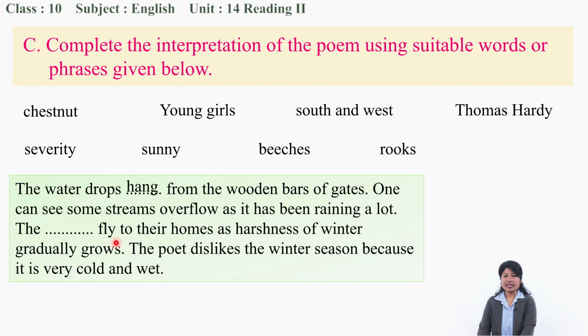The fly. What fly? Of course, a bird, right? Bird's name. So what's that? Rooks. Yes, the rooks fly to their homes as the harshness of winter gradually grows. The poet dislikes the winter season because it is very cold. So after filling up all the blanks, we also become clear about the poem, right?